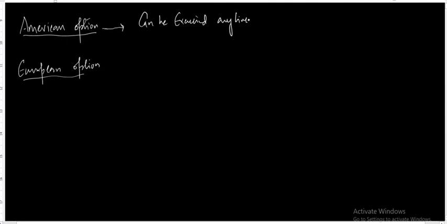In this case, we don't need to wait till the maturity to exercise the option, while in the case of the European option, they can be exercised only at maturity.